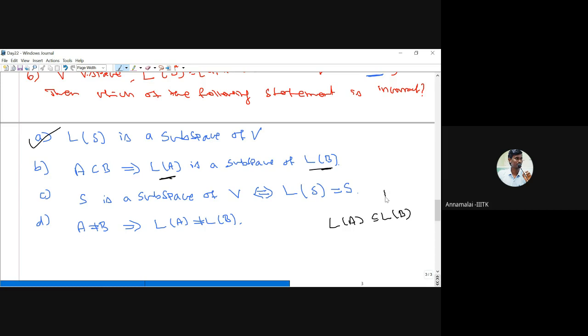What we know is that A is a subset of B, so every element of A is a member of B. Now we have to prove that L of A is a subset of L of B. Therefore we start with an arbitrary element.